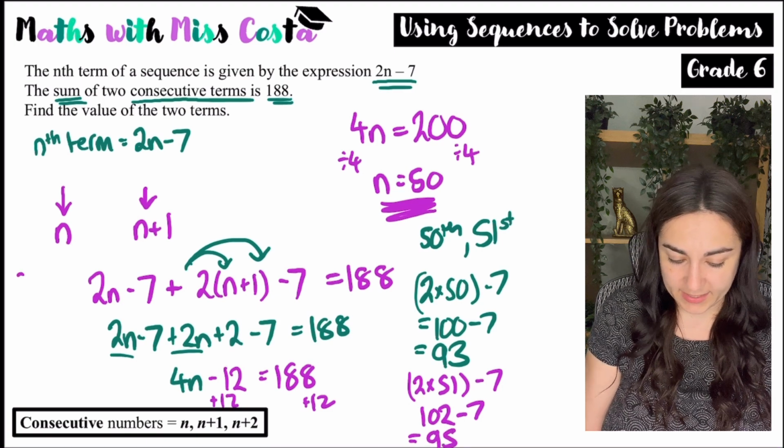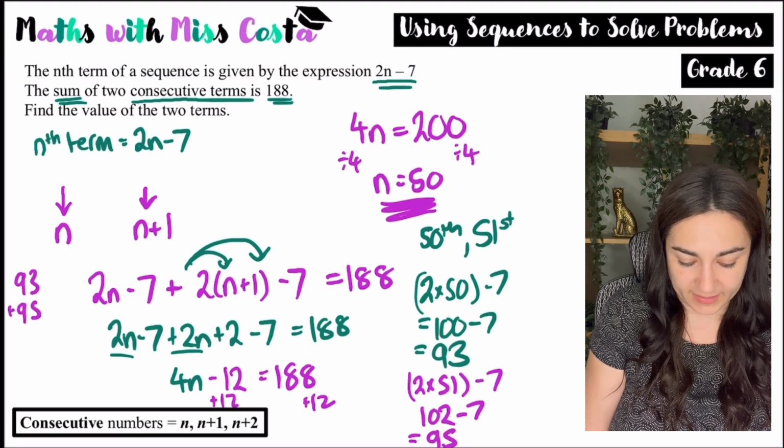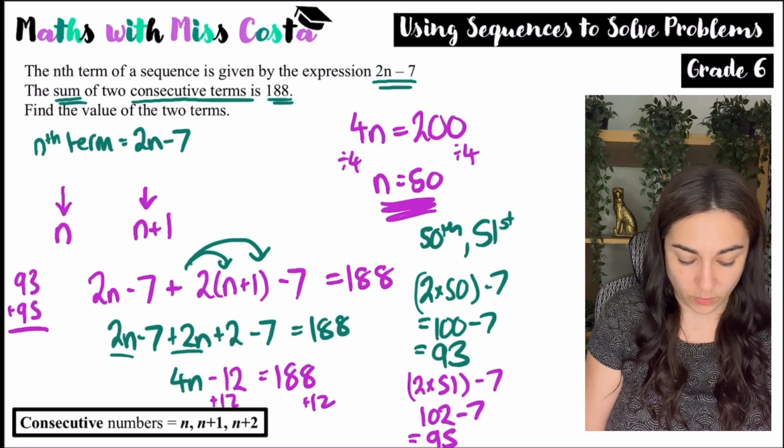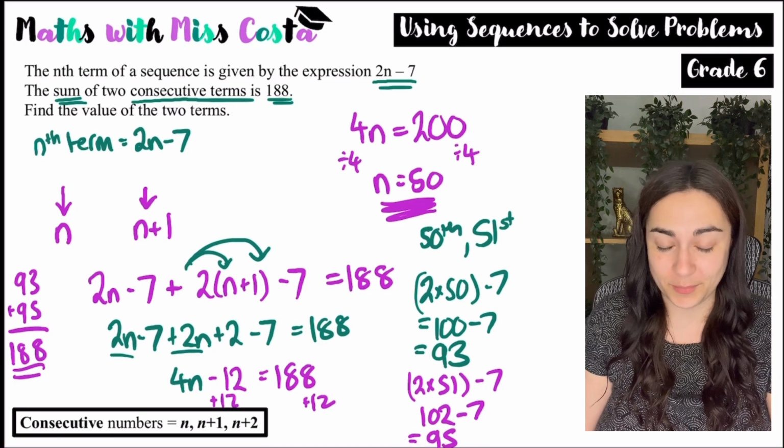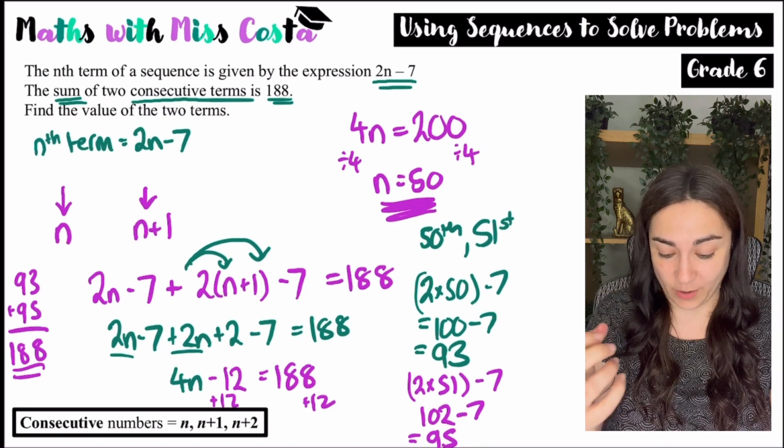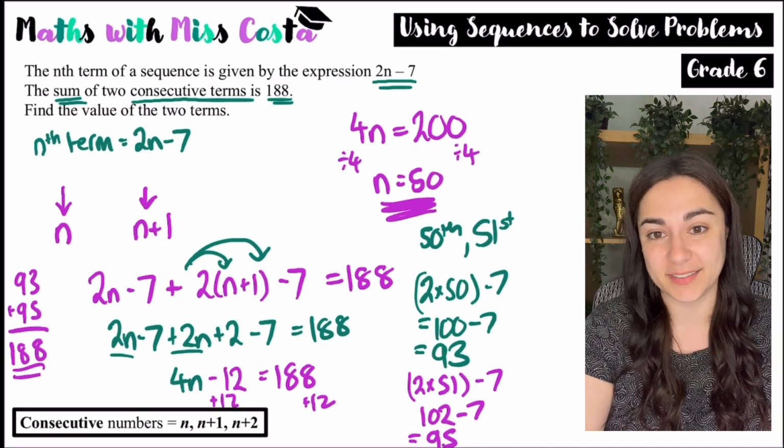And double check, does 93 plus 95 give you what we want? 3 plus 5 is 8, 9 plus 9 is 18. Okay, so it's a little bit of an unusual one, but it's about recognizing how we can write consecutive terms.